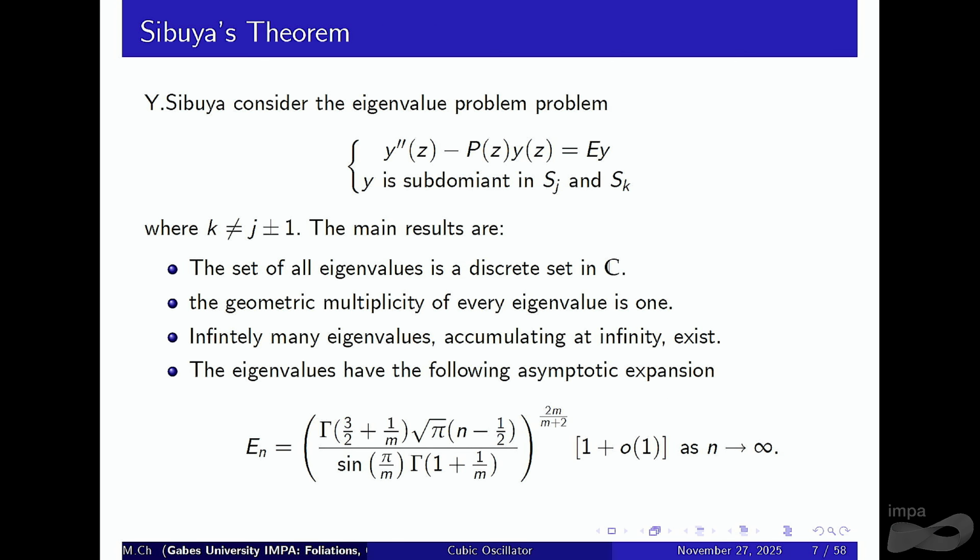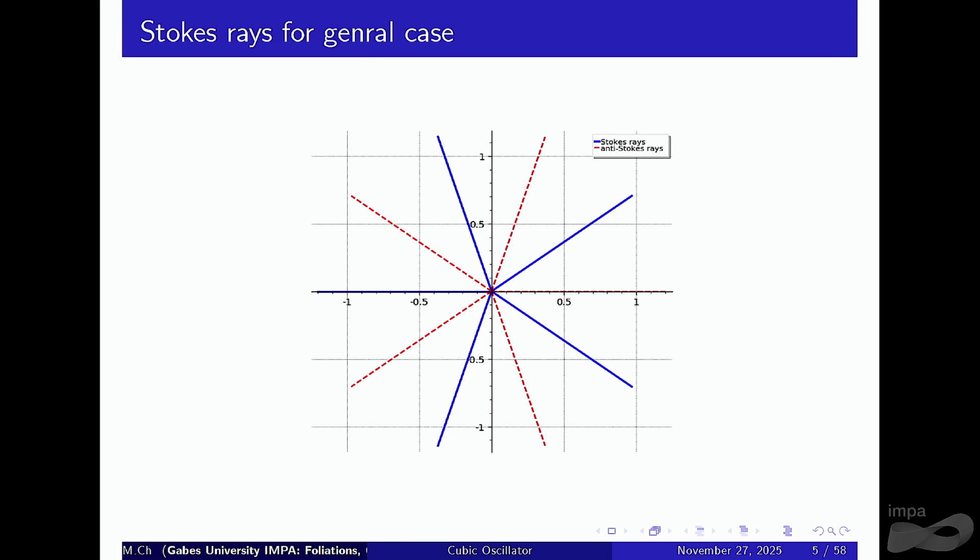Shibuya has considered this eigenvalue problem, where y is subdominant in two disjoint Stokes sectors, and as we have seen, the Stokes sectors divide the plane equally in this form.